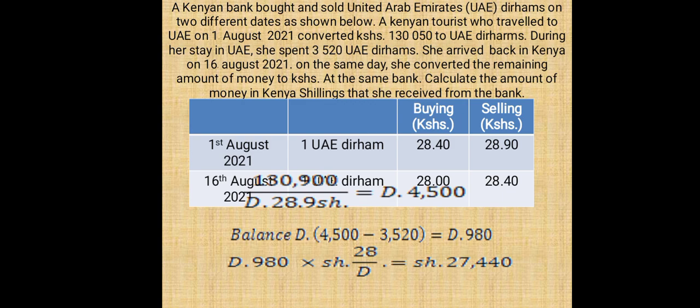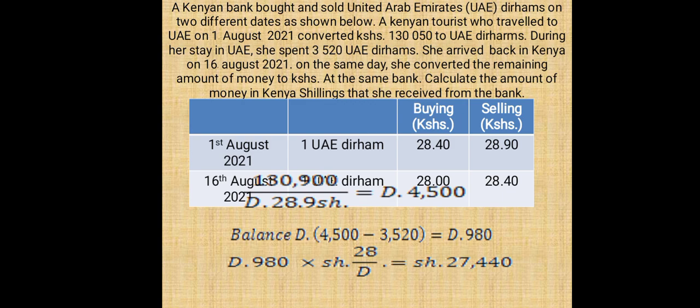During her stay in UAE, she spent 3520 UAE dirhams. She arrived back in Kenya on 6th August 2021. On the same date, she converted the remaining amount of money to Kenya shillings at the same bank. Calculate the amount of money in Kenya shillings she received from the bank.